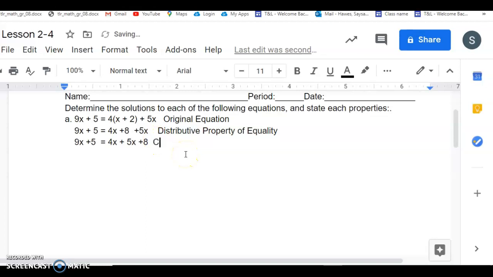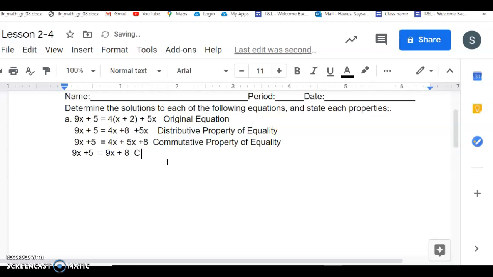We call that the commutative property of equality. Okay, next I will have my 9x on the left plus 5 equals 4x plus 5x, that is 9x, plus 8.